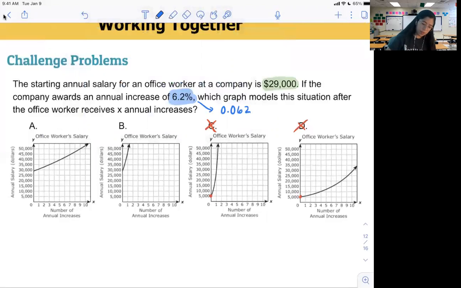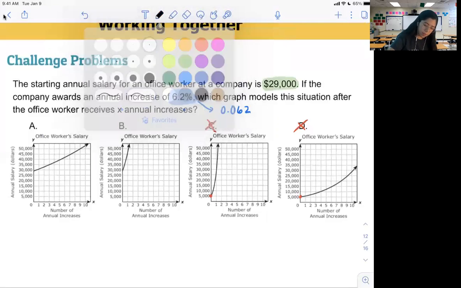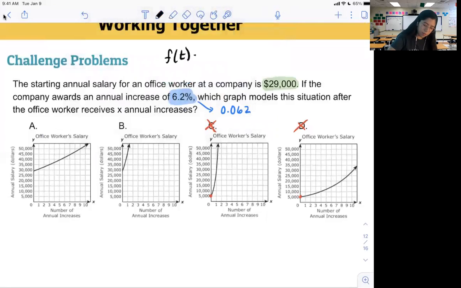Good. Okay, so my function is going to be 29,000 times 1 plus 0.062. So that's 1.062 to the power of t.